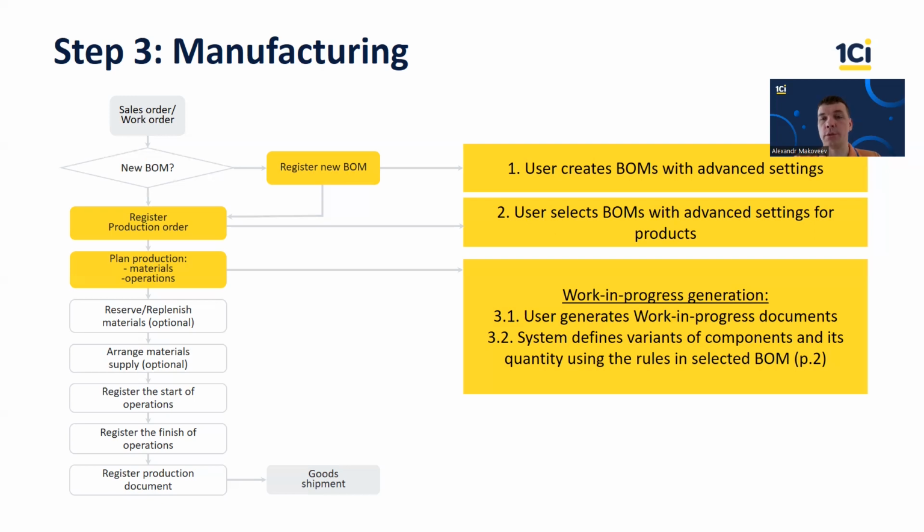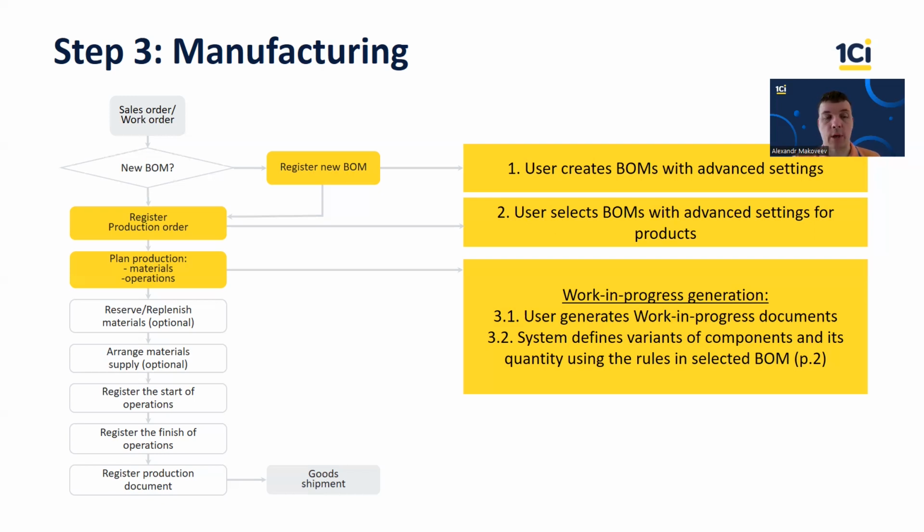How is it used? We can find variants for our components in work in progress, and also define the quantity of components by the rules selected in our new BOM.